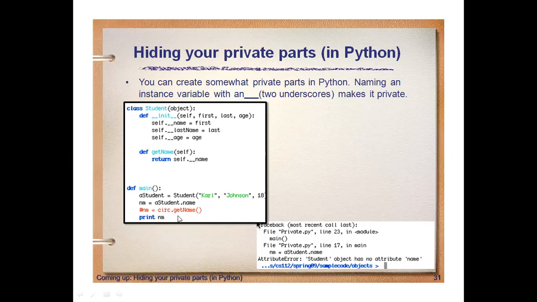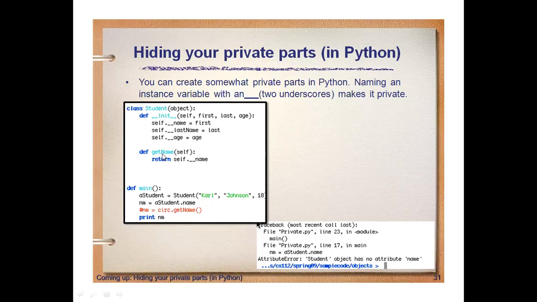What I'm doing here is getting a name. Now let's see what will happen. Is it able to access some information or not? Let's see what kind of error happens if I use it. Traceback, most recent call, private.py, in my function main. AttributeError: the object student does not have any attribute name.